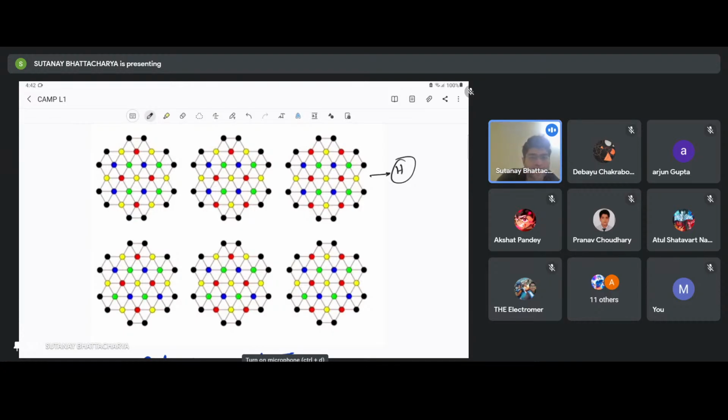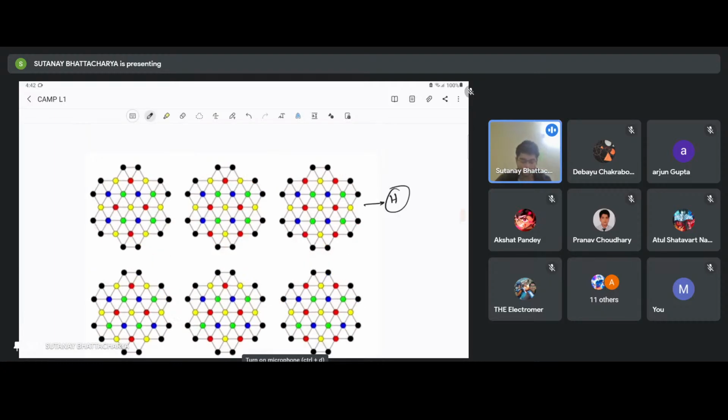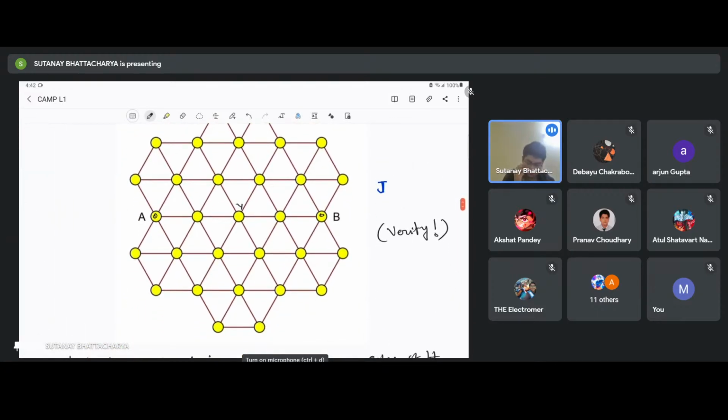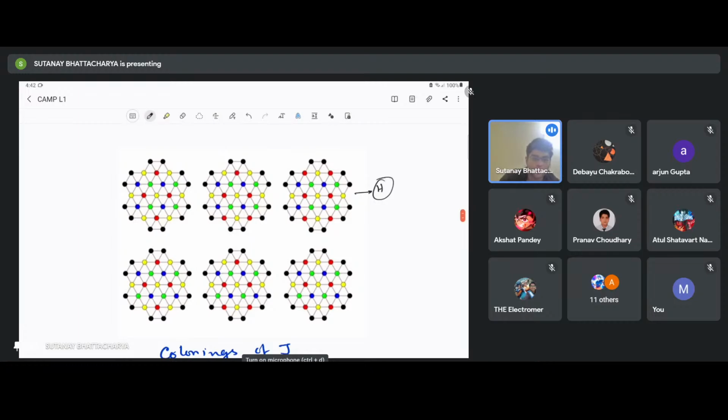So if you stare at these diagrams hard enough, you'll notice something. Remember how we labeled two vertices separately, A and B? Two vertices in this position will be called linking vertices. What exactly happens in the linking vertices in our case? If you look at the colors of the linking vertices, they only have two colors.